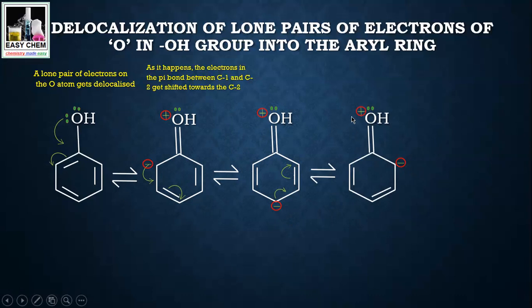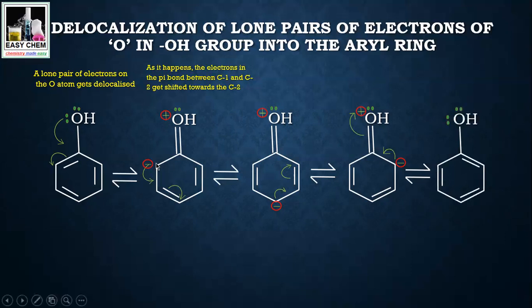The positive charge is still on the oxygen. And this is a continuous process. In the last stage, the electrons which give the negative charge to the 6th carbon atom get distributed towards the first carbon atom, making a double bond. And as it happens, the oxygen-carbon double bond changes to a single bond by giving the pi electrons towards the positively charged oxygen atom. Now see, you have got the neutral phenol molecule back again.